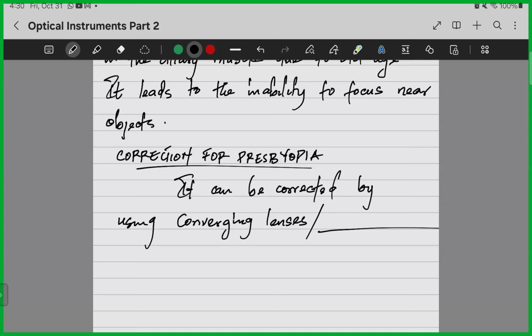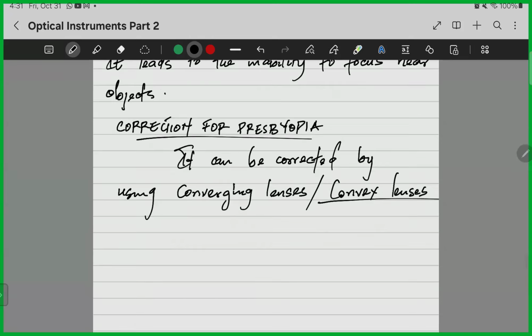Don't worry, in some seconds, I'll give you the right answer. Convex lenses. So let's continue. The other defect we shall consider.